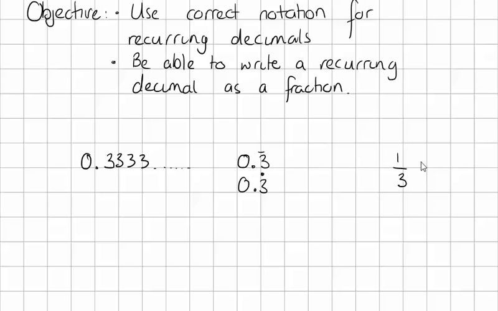The only ones that can't be written as a fraction are called, does anyone know? If you get the name right, you can have a dragon. Anyone know the name of a number that cannot be written as a fraction? For instance, pi is an example of one of this type of number.